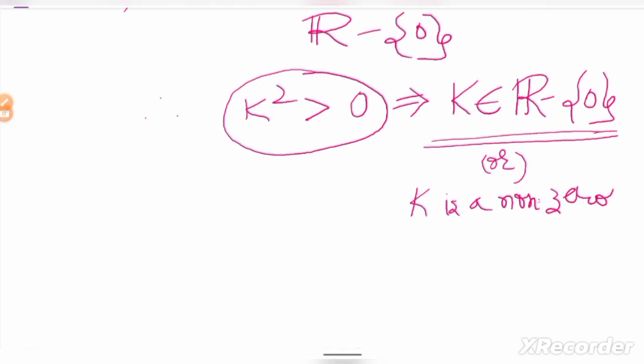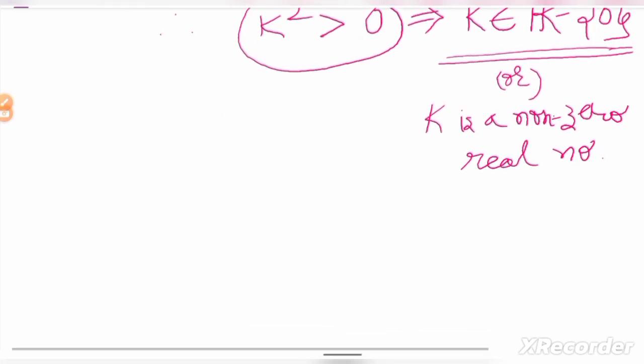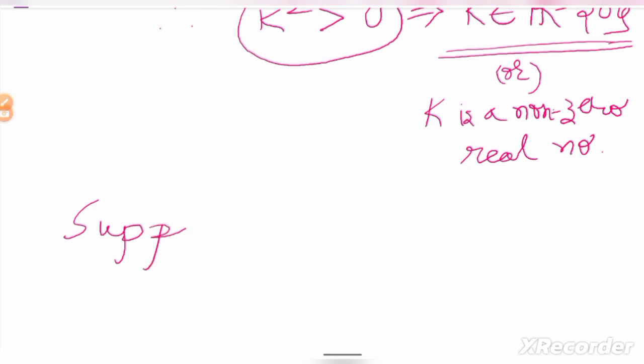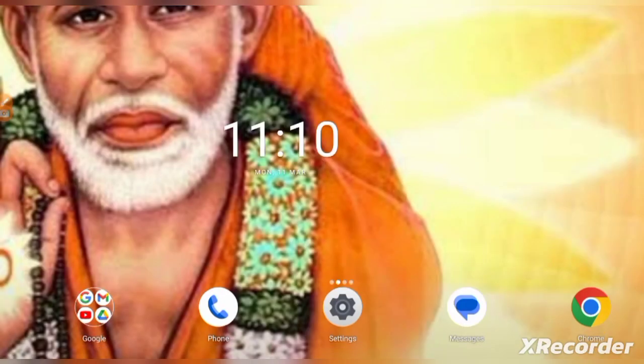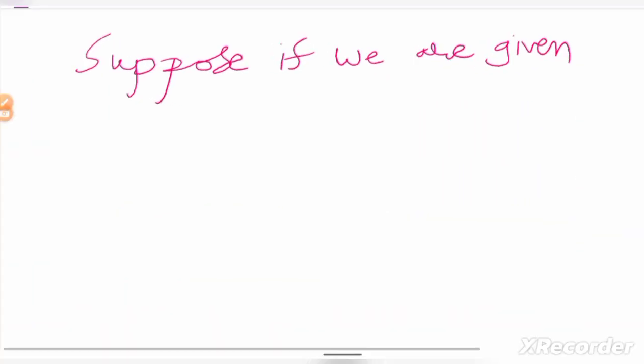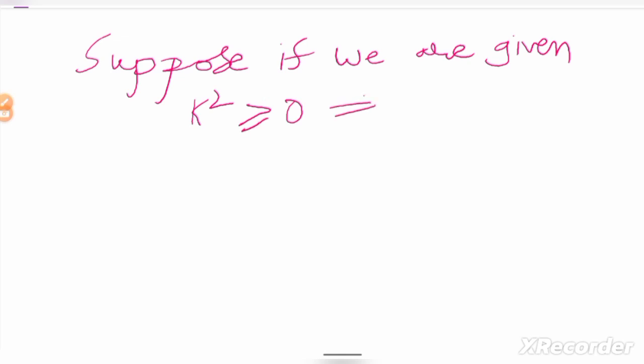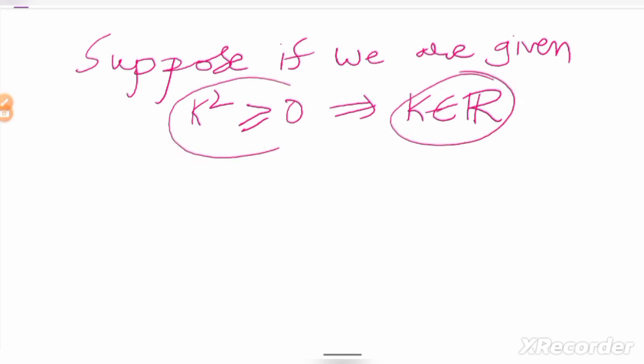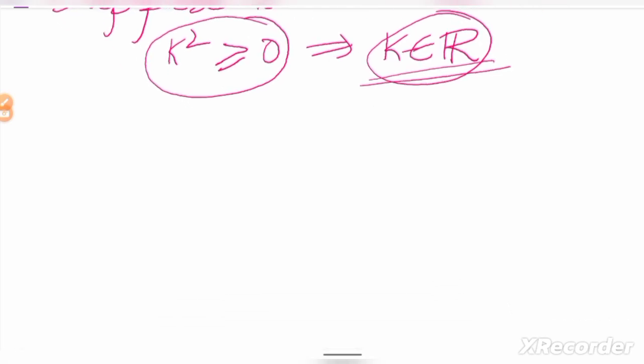Okay, suppose we are given k square greater than or equal to 0, then we can say that k belongs to R. Because if k square is greater than or equal to 0, that means k can be any real number, including 0.